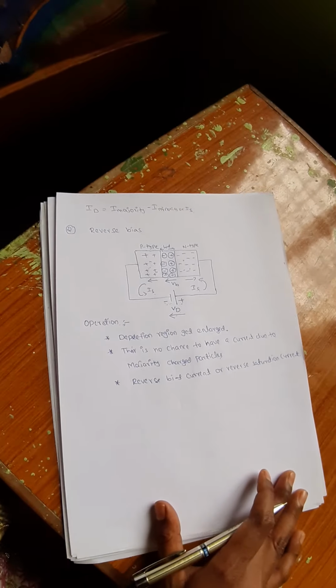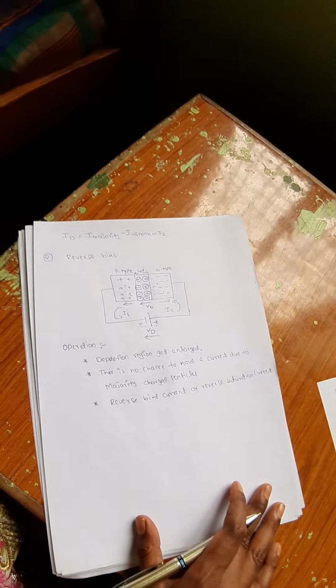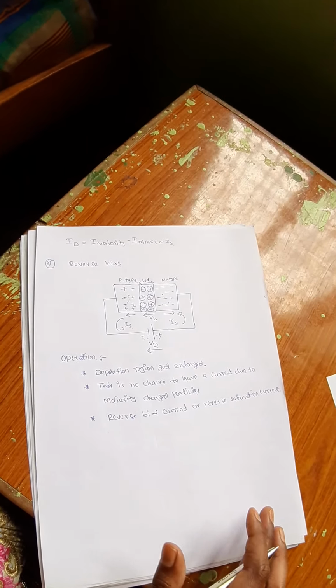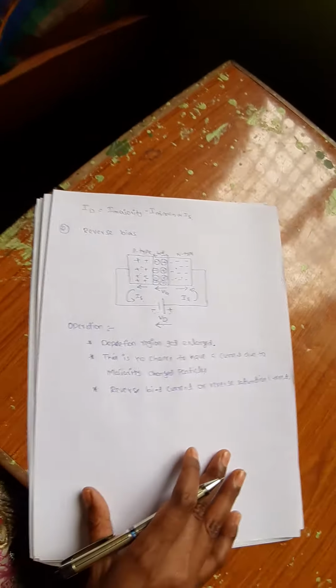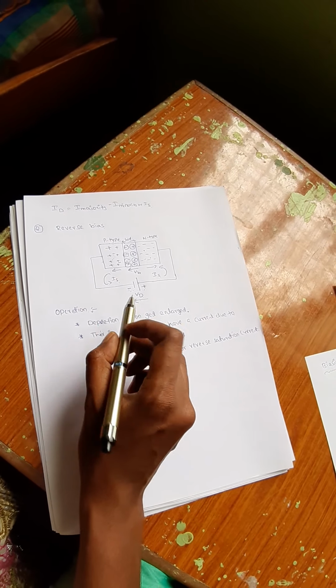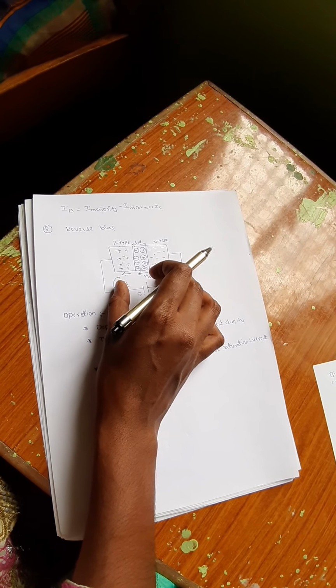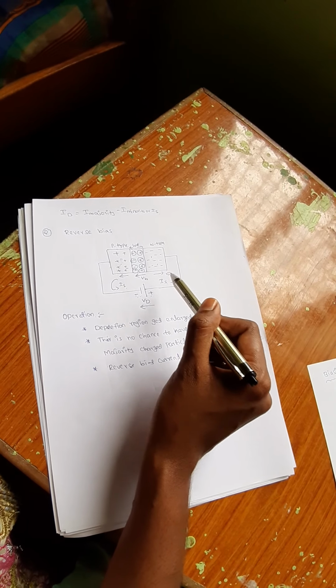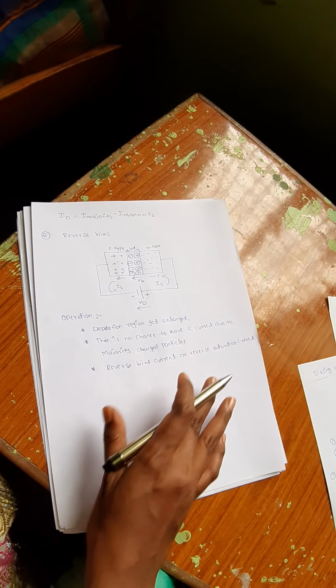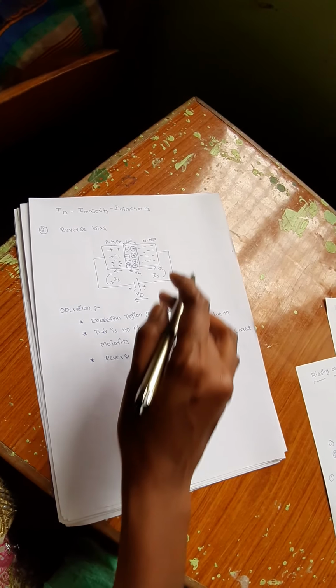Okay, so this is the reverse saturation current due to the minority carriers. There is no chance to have the flow of majority charge carriers, because of that there is no current due to the majority charge particles.